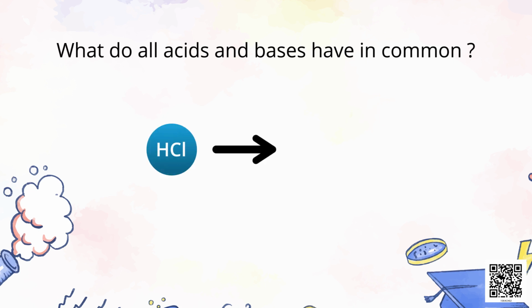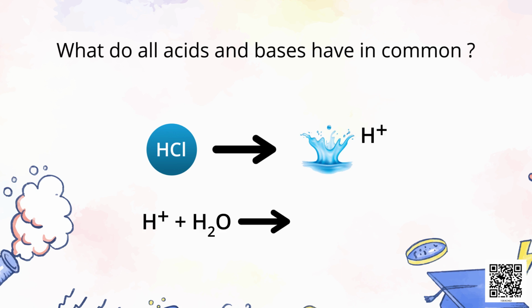Hydrochloric acid dissociates in the presence of water to give hydrogen ions. These hydrogen ions cannot exist alone, but they exist after combining with water molecule as hydronium ion. This hydronium ion is represented as H3O+.